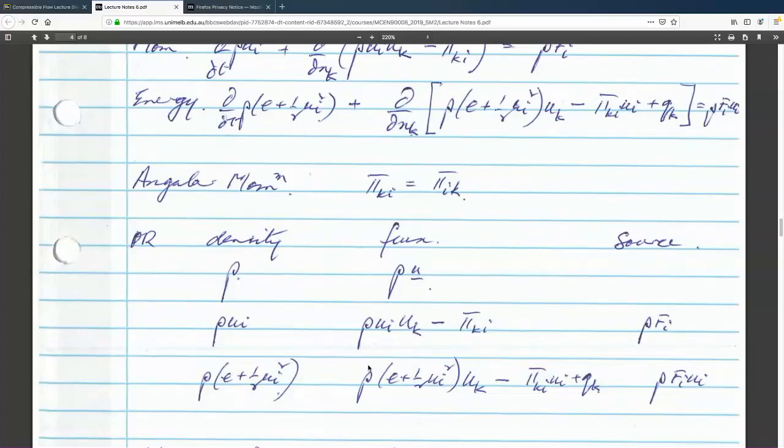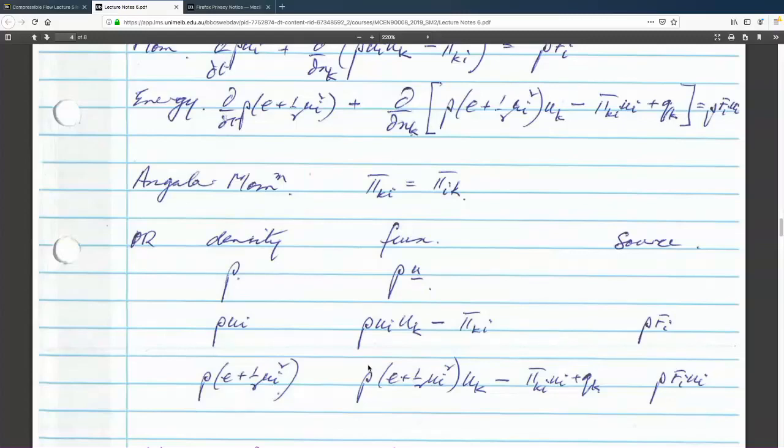So in very simple form, here's how I remember it in my head. I have a density and I have a flux, and the right-hand side is a source. And just as it is for the conservation of charge in electromagnetic theory, rho is the density and the flux is rho u.